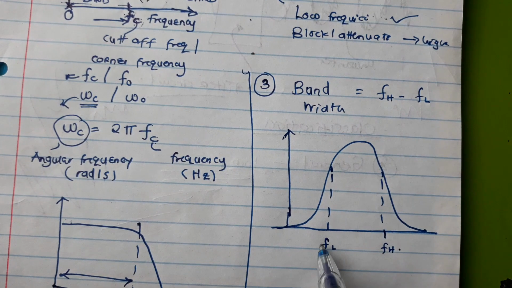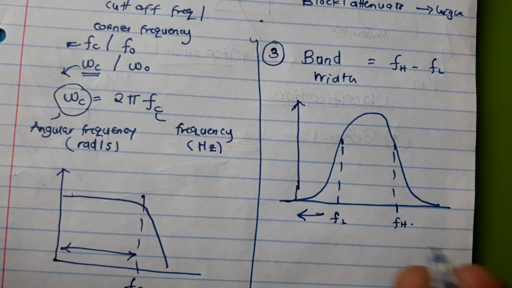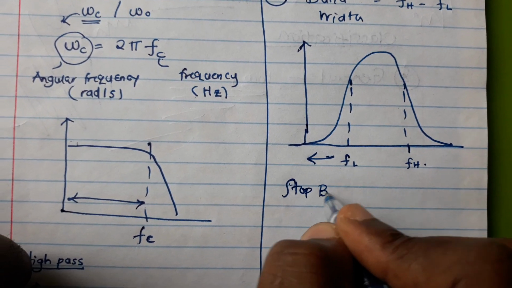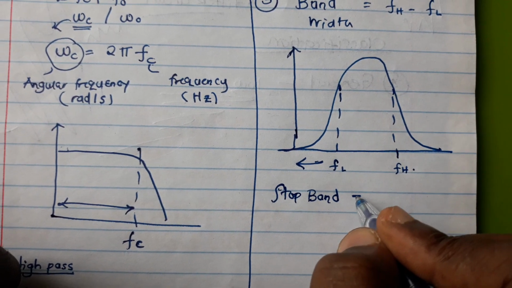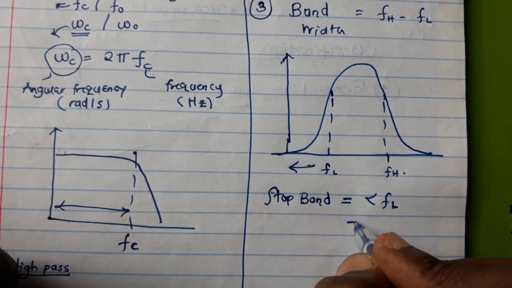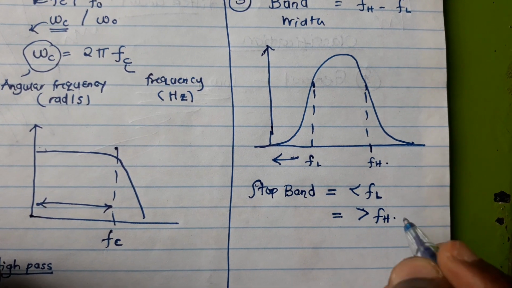So frequencies below FL are not allowed to pass. So I can easily say that the stop band is any frequency below FL, and also any frequency above FH.